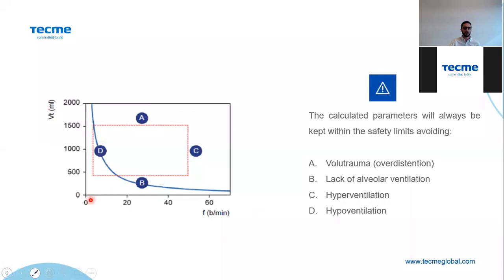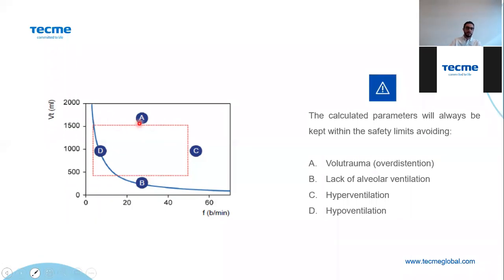So the frequency can move from here to here, but not outside these values, because it will be unsafe. And then the ventilator will also calculate automatically the maximum and the minimum tidal volume, again in order to avoid lung damage.